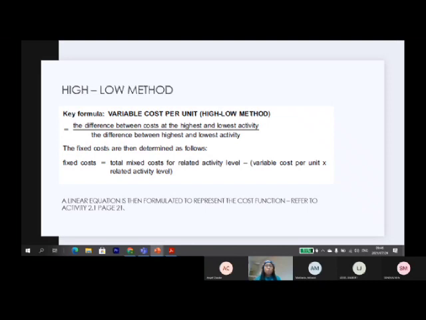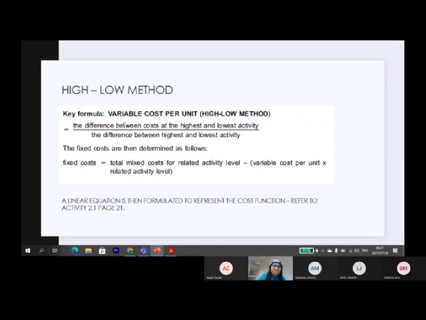That's why I'm saying always identify it in the question by seeing the highest level and the lowest level. A light bulb must come on to say, if I am asked to split my semi-variable into fixed and variable cost, I must use my tools, the high-low method and the linear equation.